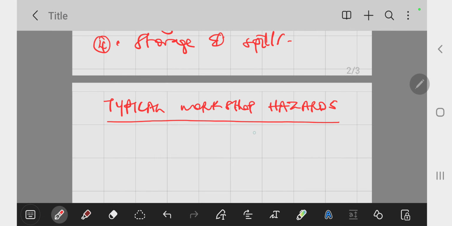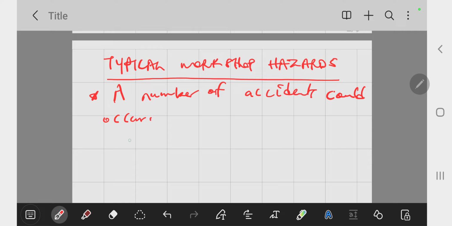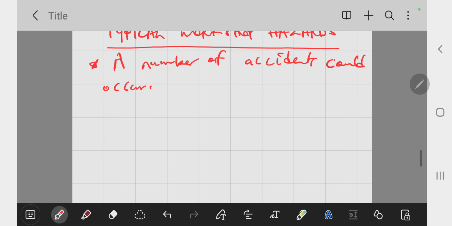You guys need to keep in mind that as you're working in a workshop, specifically a mechanical workshop, there are a number of accidents that could occur. And then our job is to try and look at some of those accidents which are most likely to occur in a mechanical workshop. So these are the ones we're going to list down here.